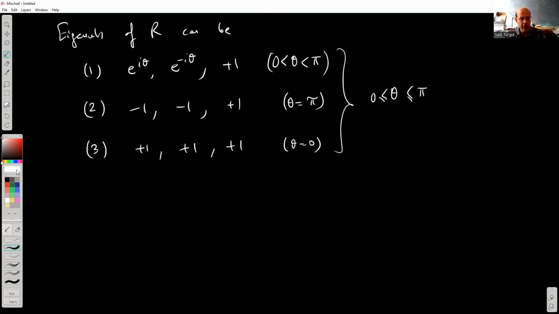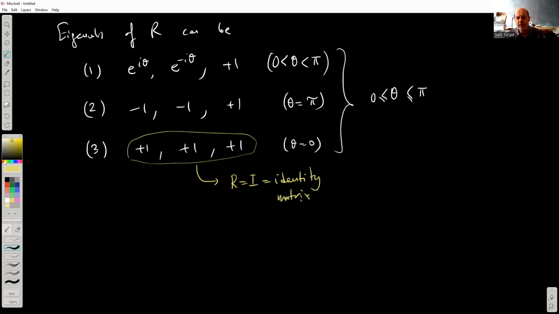However, the last case corresponds to the identity matrix, because only when the orthogonal matrix is the identity can all three eigenvalues be +1. If we exclude this case, there's a single non-degenerate eigenvalue, which is +1.